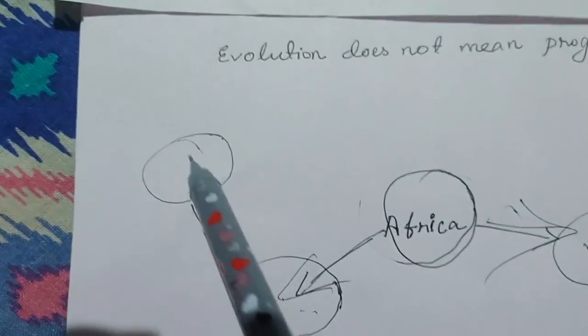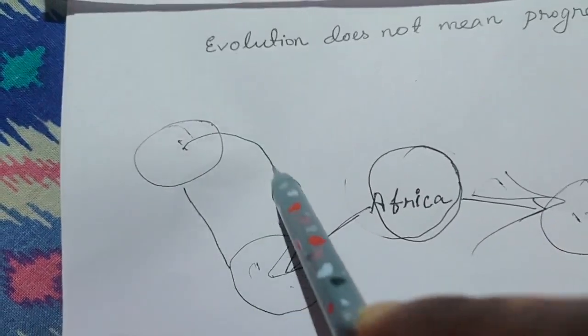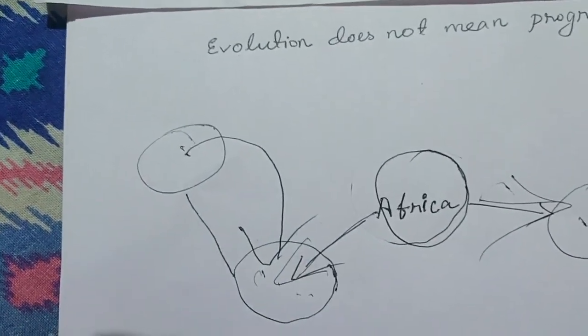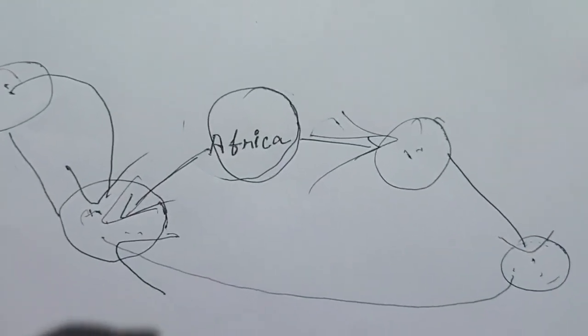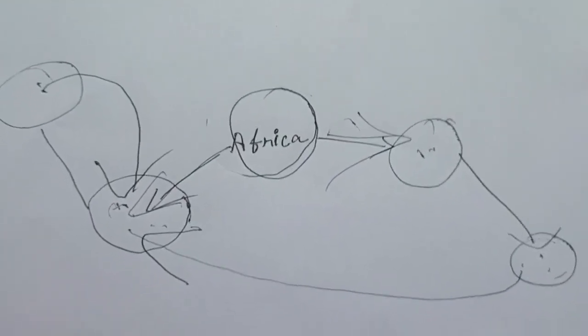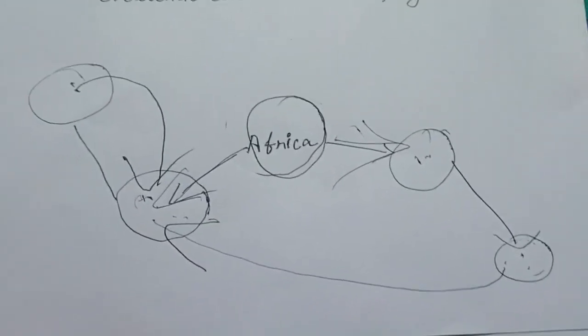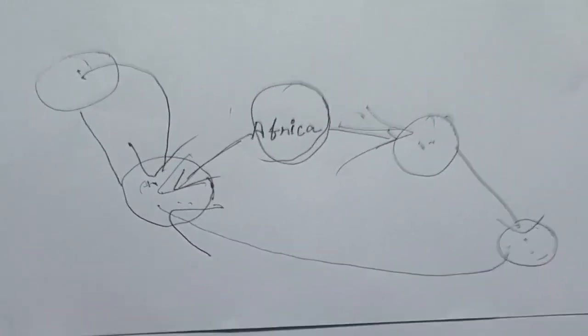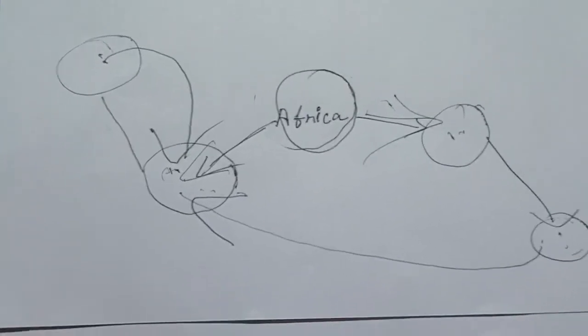Then from this group, some people wanted to go back to their early place, and then from here they went to, suppose, this group. So when groups of people are moving from one place to another over a long time, variation keeps happening.